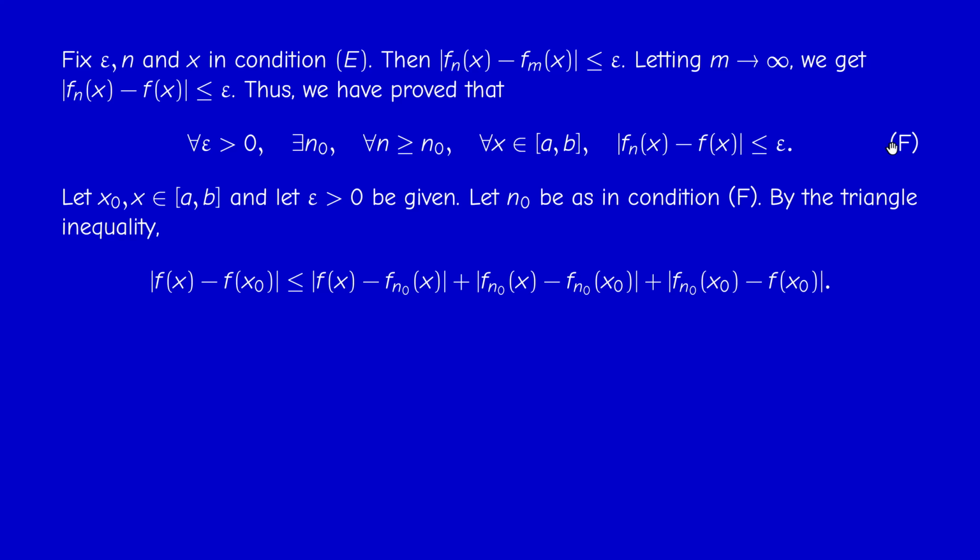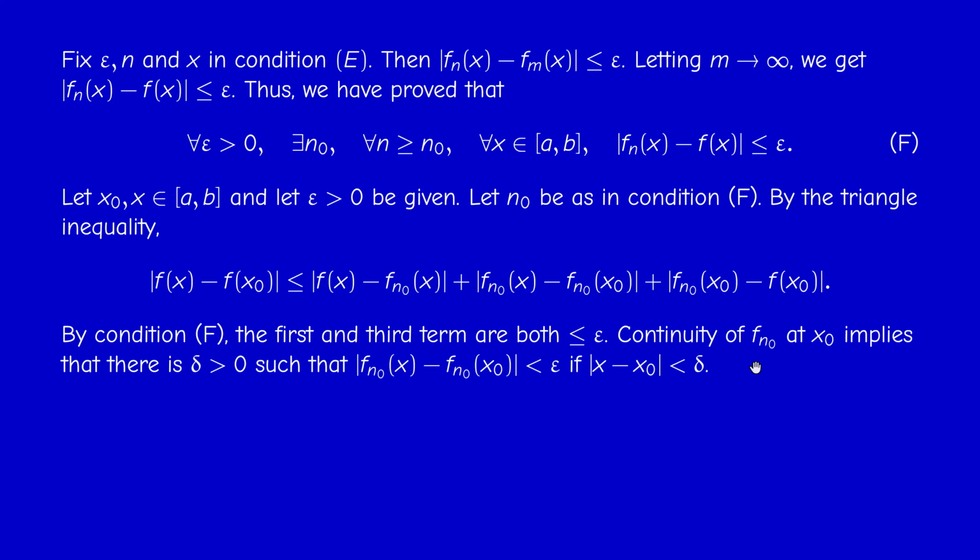Now, by condition F, the first term is less than or equal to epsilon. And the third term as well, because this is true for every x. Okay. Now, what about the second term? Fn0 is continuous at x0. Therefore, there exists delta such that the second term is less than epsilon if x minus x0 is less than delta.